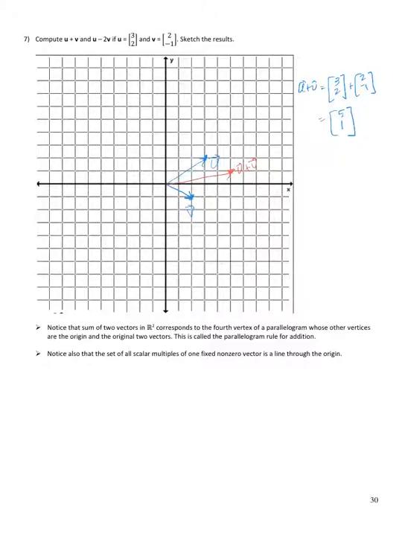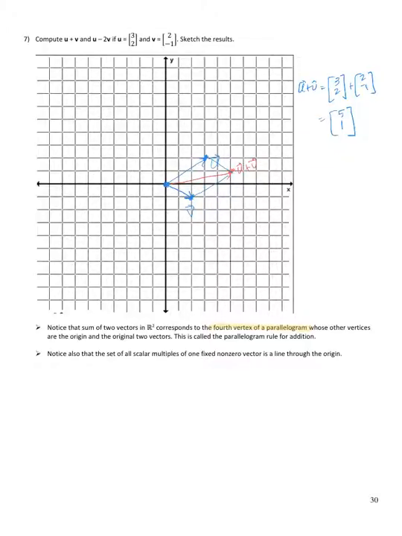Okay, so you should notice that U plus V corresponds to the fourth vertex of a parallelogram whose other vertices are the origin and the original two vectors. So let me just draw it out for you. If I make a parallelogram that contains the origin, U and V, and the sum, U plus V, we get this parallelogram.